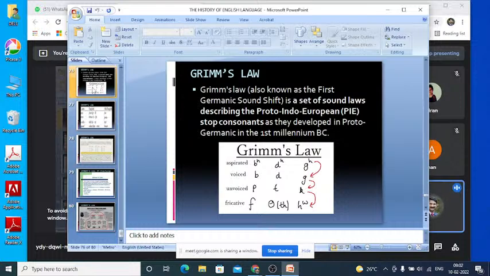Later a subsequent philologist, Karl Verner, studied further and wanted to add something to the findings of Jacob Grimm.